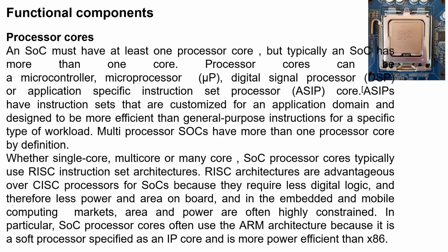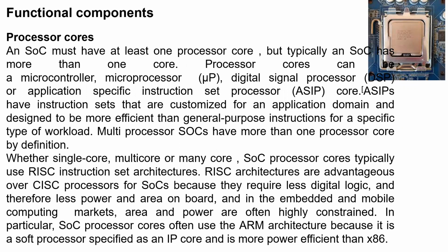Whether it is single core or multi-core, a system on chip typically uses the RISC architecture, that is, reduced instruction set computer architecture. This RISC architecture is advantageous over the traditional CISC architecture, that is, complicated instruction set computer.